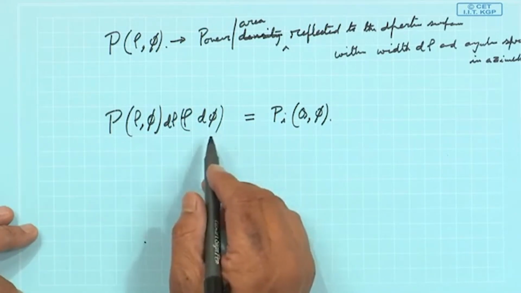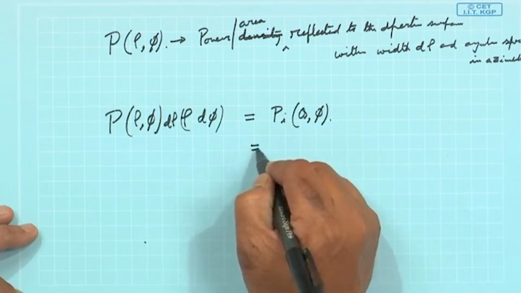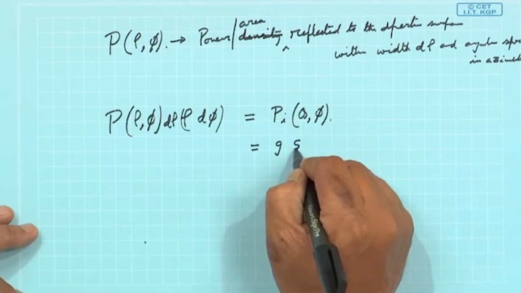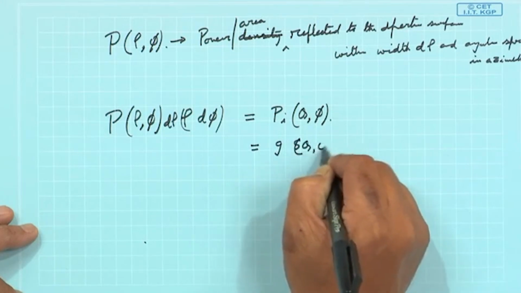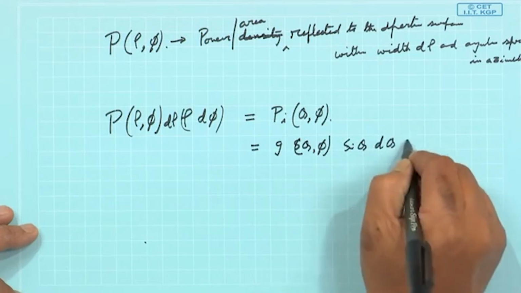So, this pi theta phi, already I have shown, is g theta phi sin theta d theta d phi.